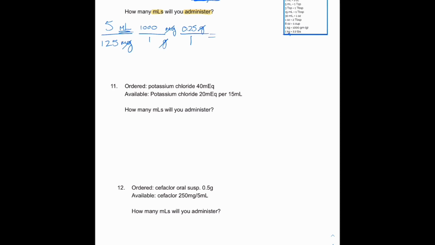It's 5,000 times 0.25 is equal to 1,250. And then 125 times 1 times 1 is 125. So 1,250 divided by 125 equals 10. 10 what? 10 mils.